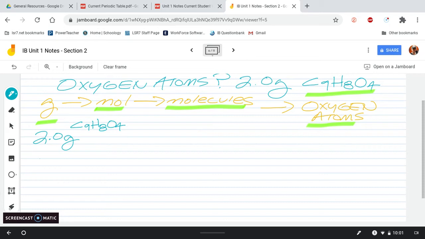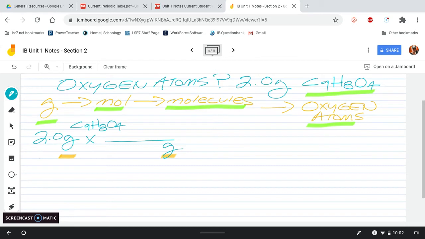And so what we're going to do first of all is there's a conversion factor. So right away we're thinking to ourselves, well, what do I have? I have grams. I want to get rid of the grams. So I'm going to put them down here on the bottom of the conversion factor every time. So every time we're going to do that.